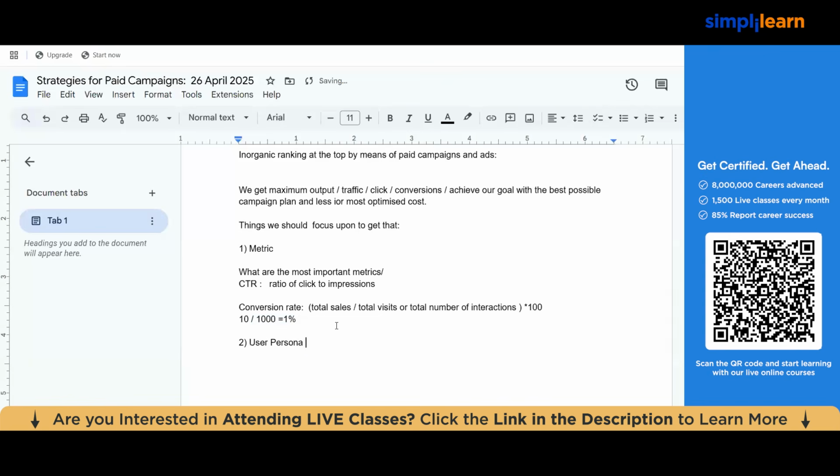Now, some of it I'm mixing. Some of it is based on the SEO part, sorry, the search engine marketing part. Some of it might be based on the social media part. But at the end of the day, it's all about paid campaigns, timing, right?